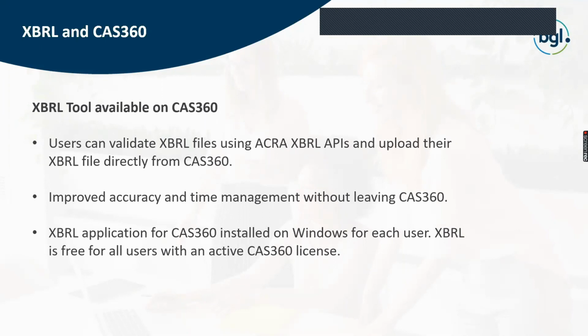So when CAS 360 is available, XBRL will also be available for you all as well. So very exciting times ahead. We want to make sure that the XBRL process is as simplified as possible for all users, and this is like a goal that we are achieving for CAS 360 as well.